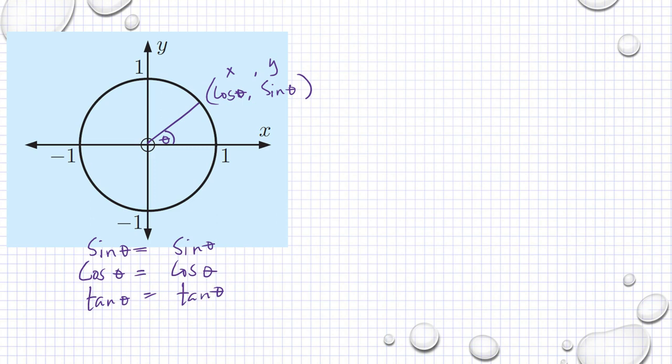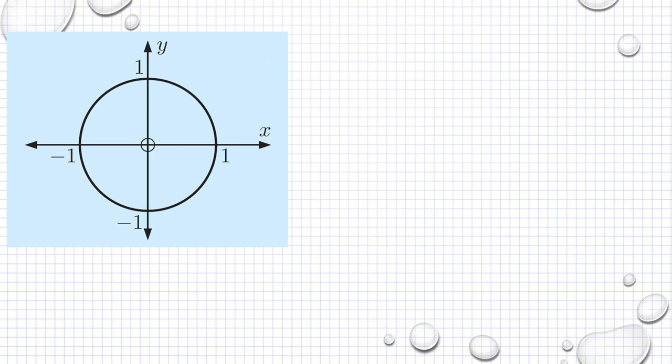Okay, then we will go to the second quadrant here. So this is our negative x, the x value there is negative, and then we have y, so we have negative cosine theta, and sine theta, y is positive.